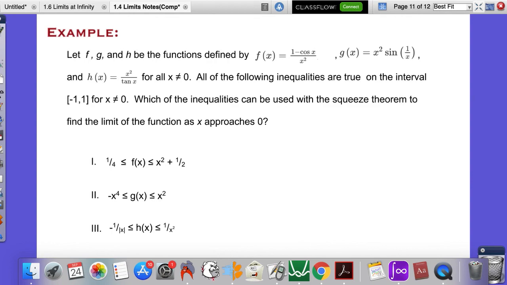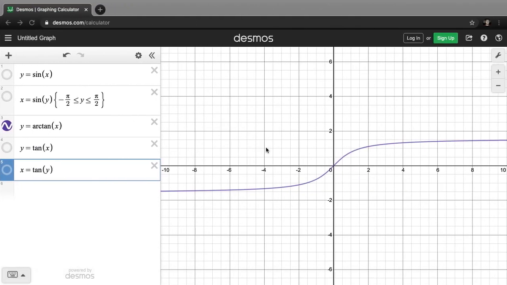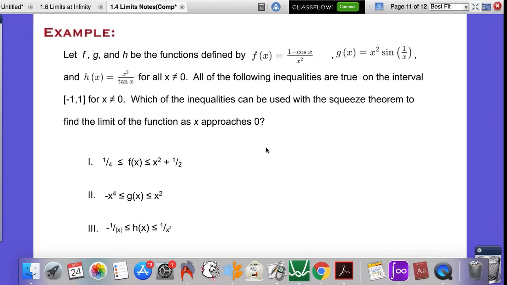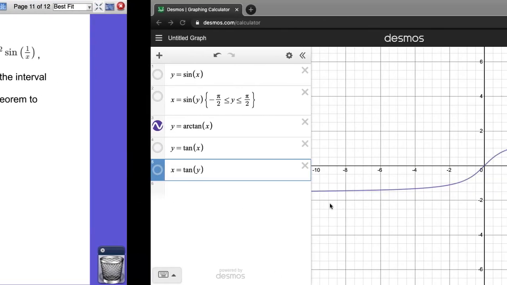And then I believe, let me double check that I put it on there. There's also going to be a Delta Math exercise. Okay?